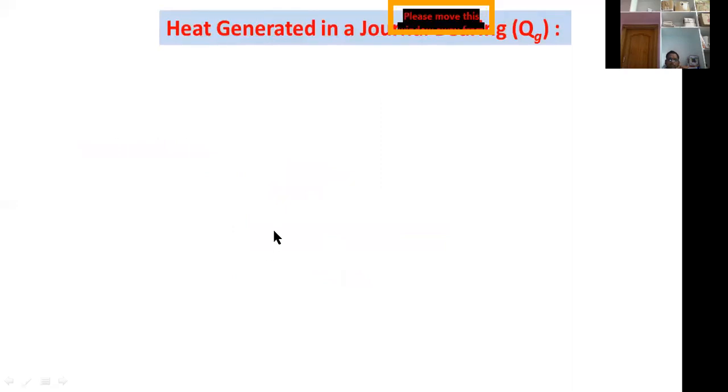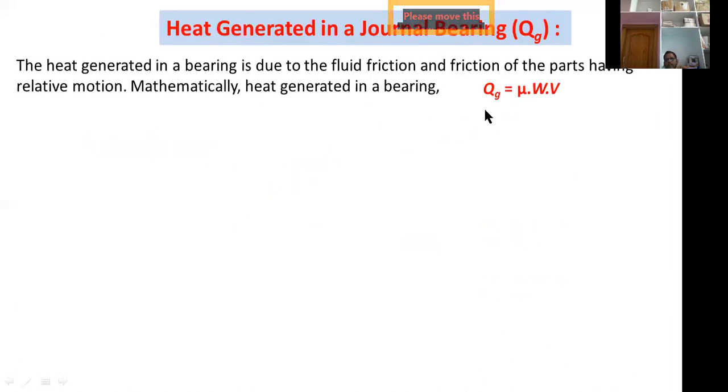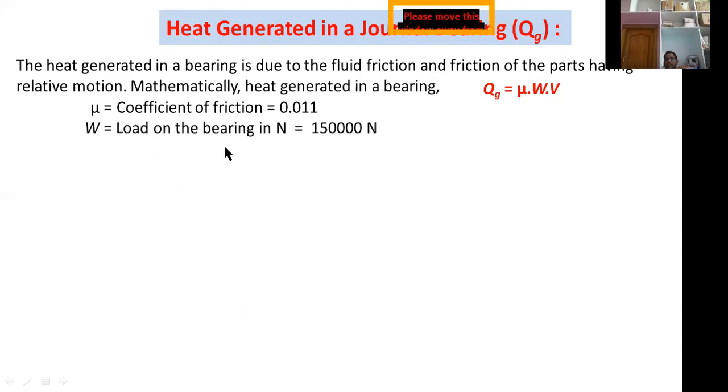Now you have to find the amount of heat generation, that is the amount of heat to be removed. For that purpose, we already know the formula. Amount of heat generation equal to mu into W into V. Here mu is the coefficient of friction, obtained from the previous formula as 0.011, and W is the load on the bearing or load on the shaft, which is also given in the question, that is 150 kilonewtons.